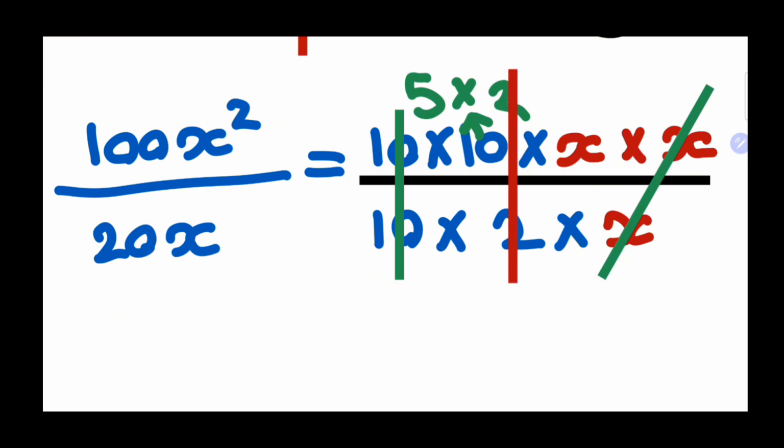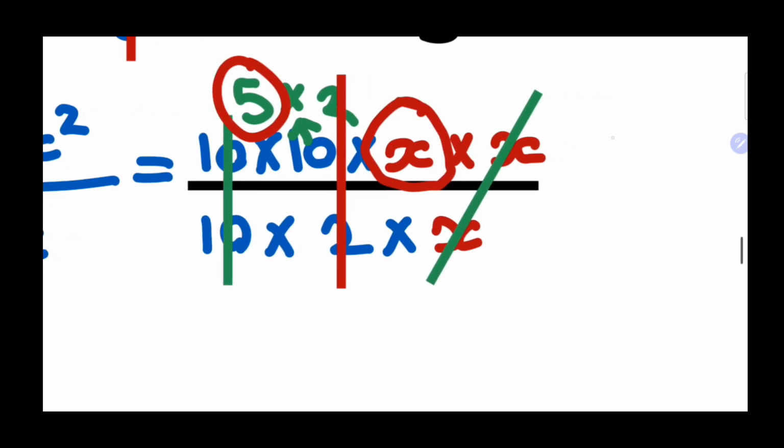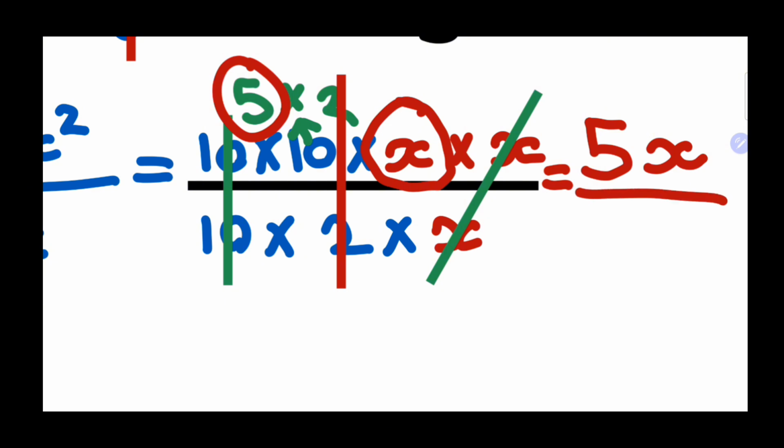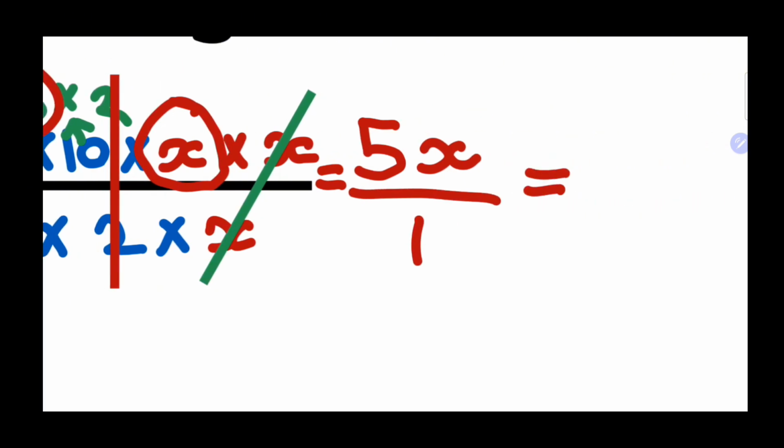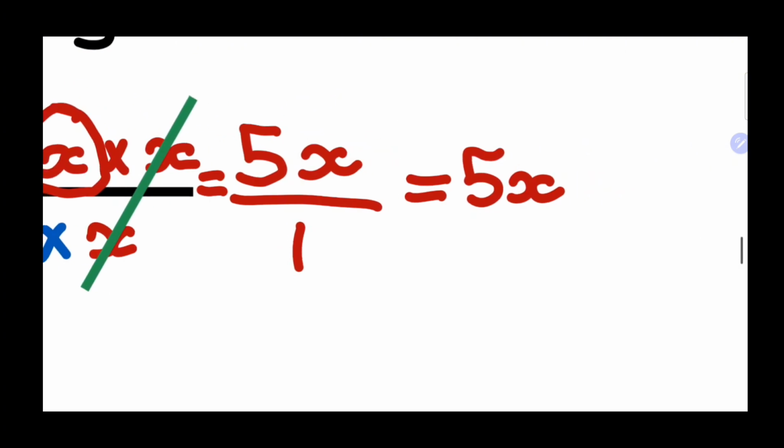So now we're really left with the 5 multiplying this x here for the numerator. So the numerator would be 5x, while the denominator would be 1. And as we know, every whole number has a denominator of 1. So 5x over 1 is the same as saying 5x. And this would be the answer.